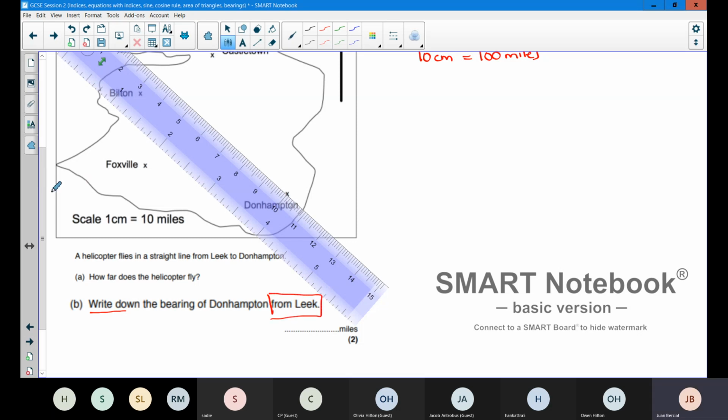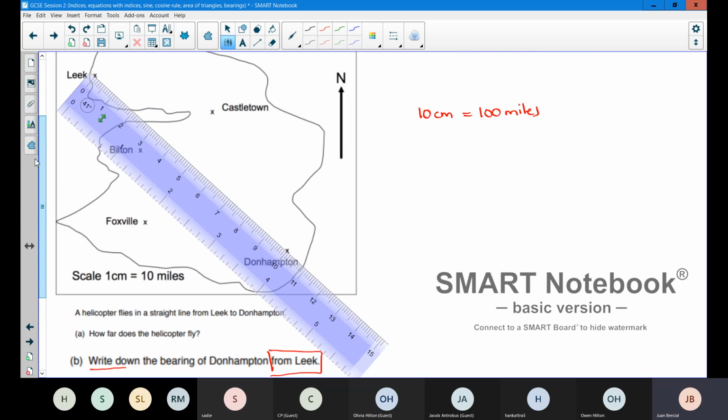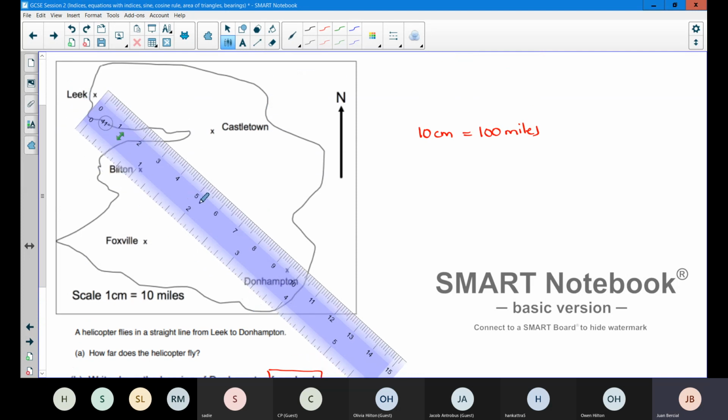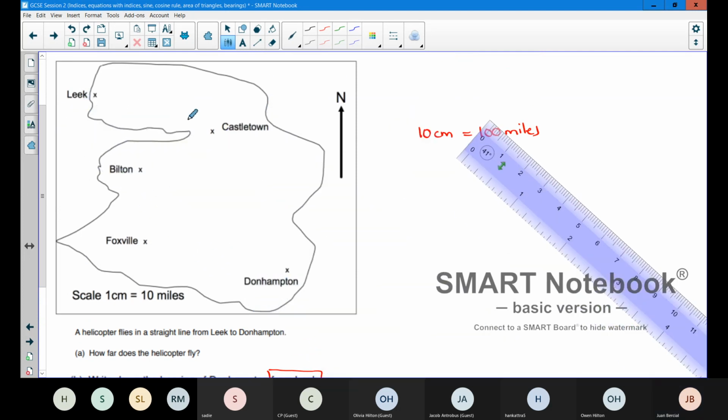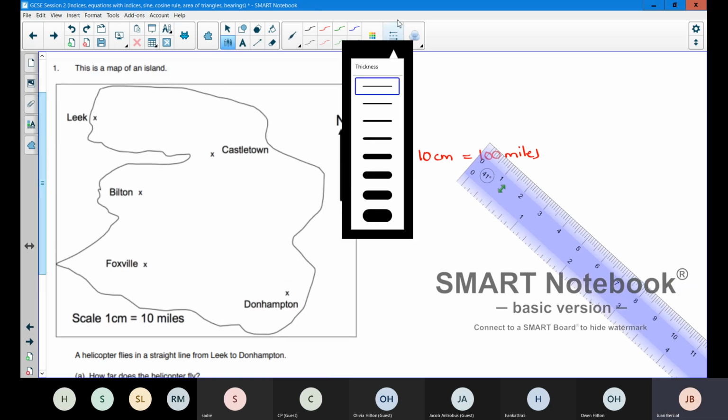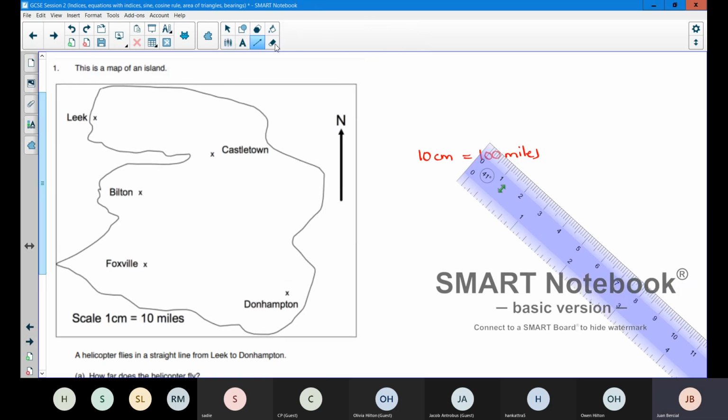Write down the bearing of Dumphampton from Leek. Because it's saying from Leek, Leek is where I'm going to put my arrow. I'm going to put my arrow in Leek, so that is where the north is.